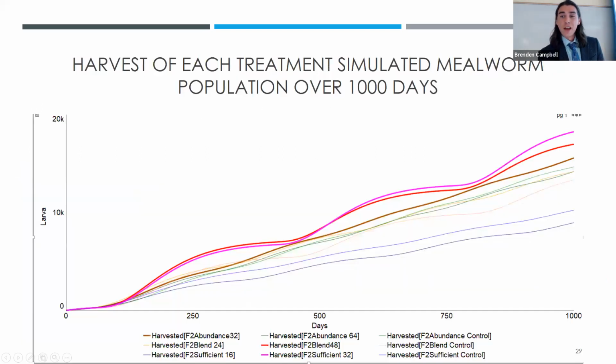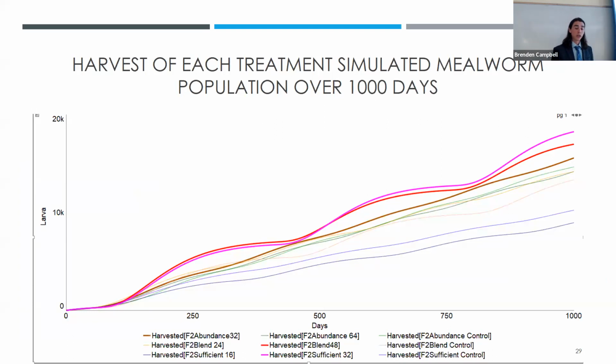Back here. So this is the harvest of each treatment simulated over that 1,000-day period. And there is continuous harvesting of larvae throughout this system, in which one would probably assume the abundance treatments would seem to have the highest harvest amount because of their relatively stable harvesting periods.